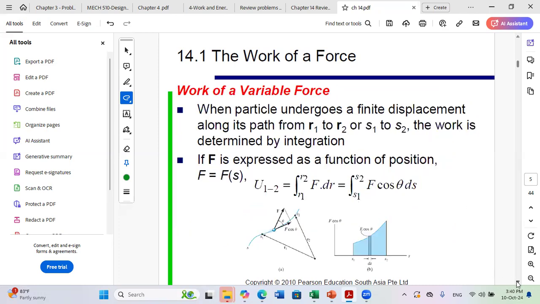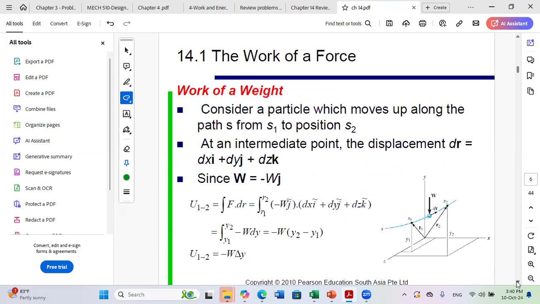Now, we have several particular forces. One of them is the weight. In case you apply the formula of work of weight, you end up with work of weight equal to minus W delta Y, in case the y-axis is positive upward.